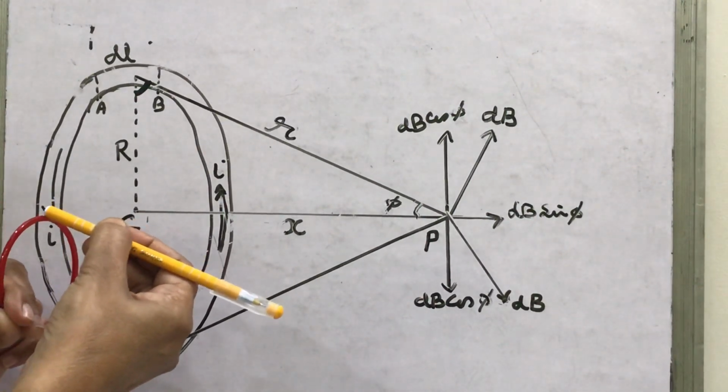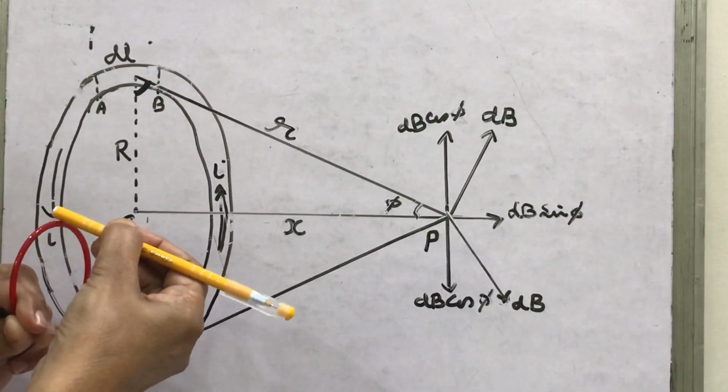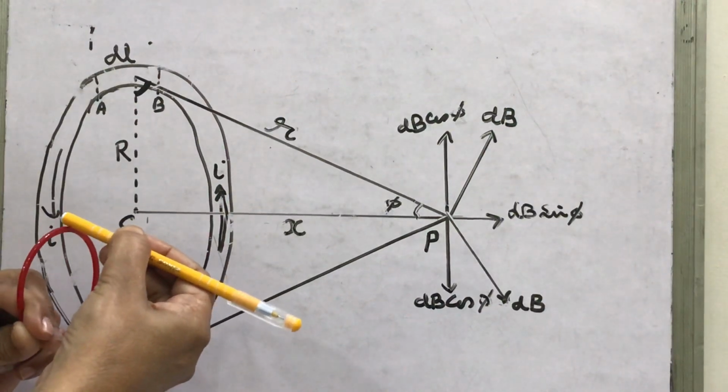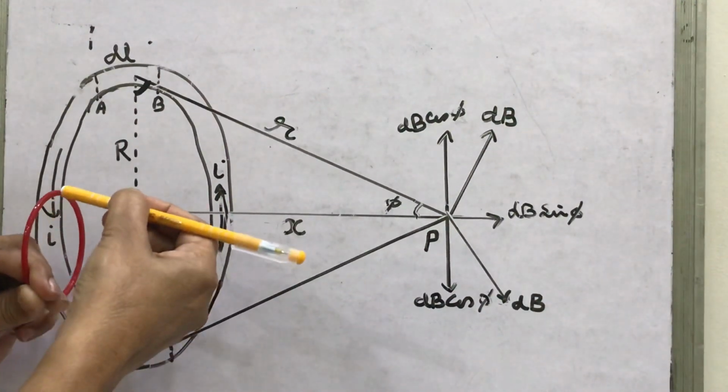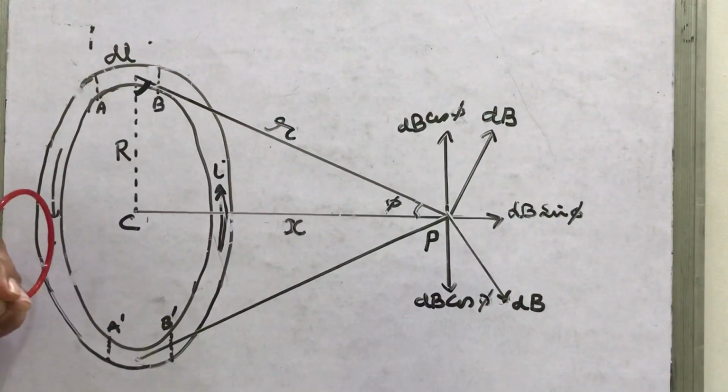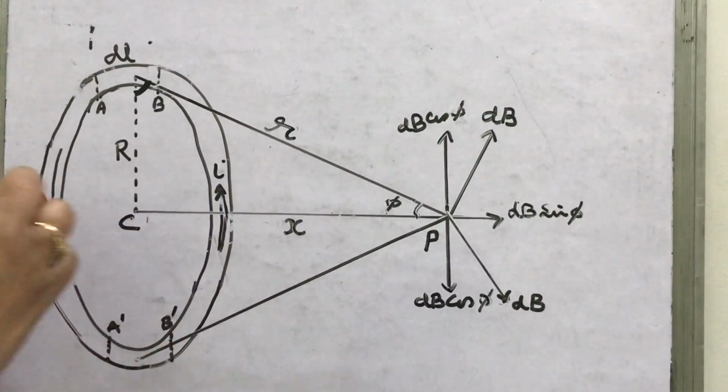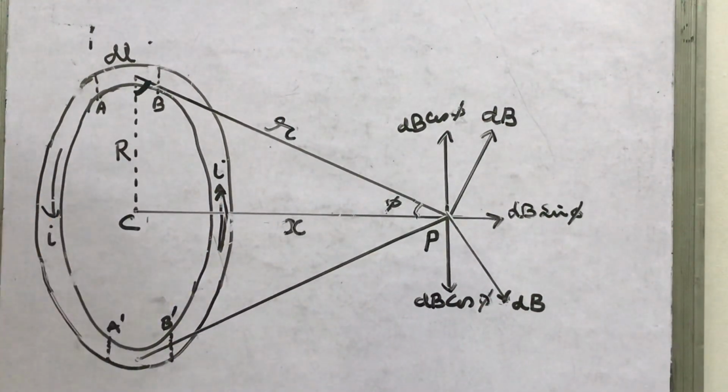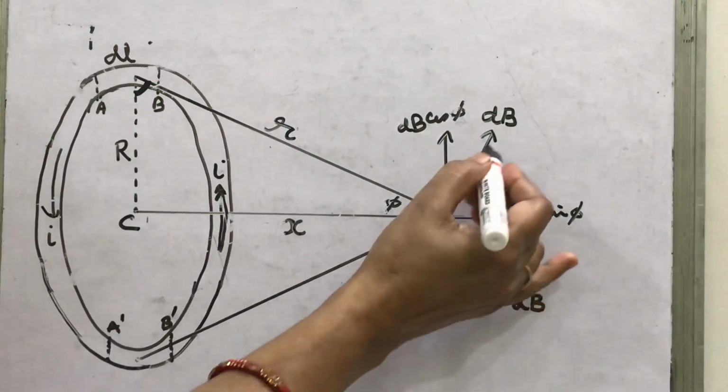Some angles in 2D do not appear to be 90, but you have to think that from the point P, this angle from the tangent is 90 degrees. What is sin 90? Sin 90 is 1.